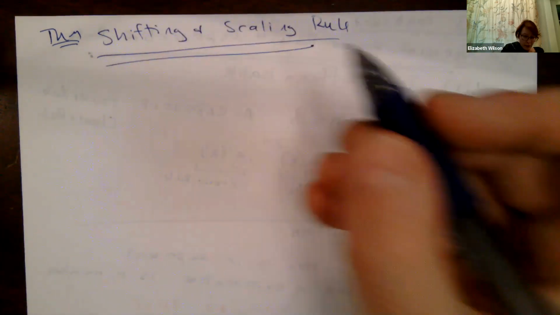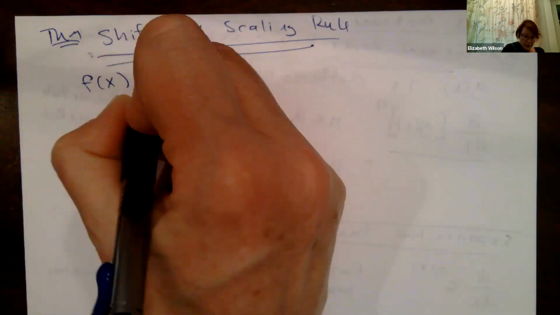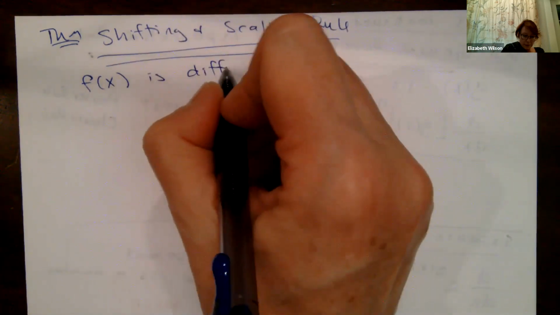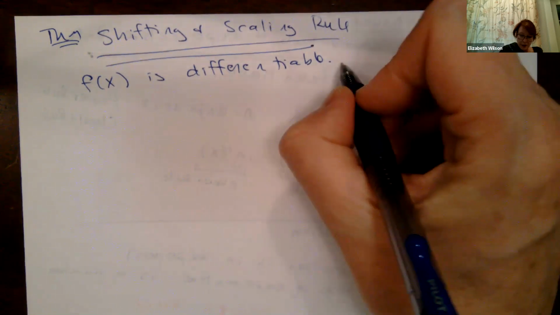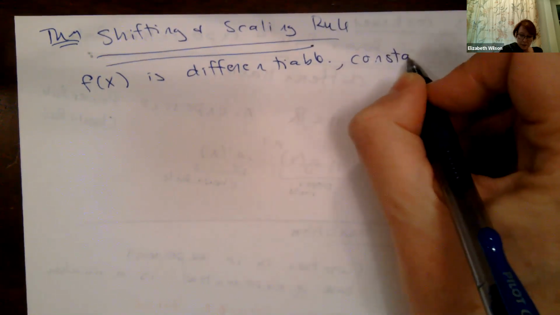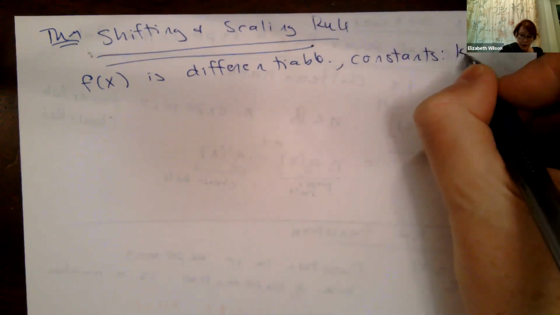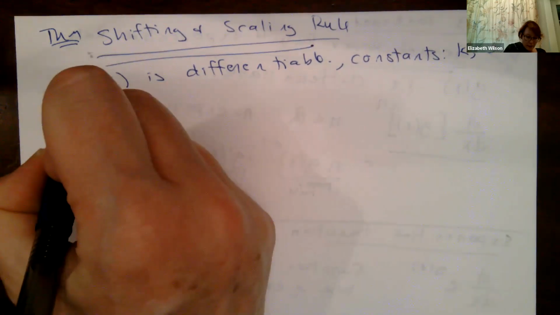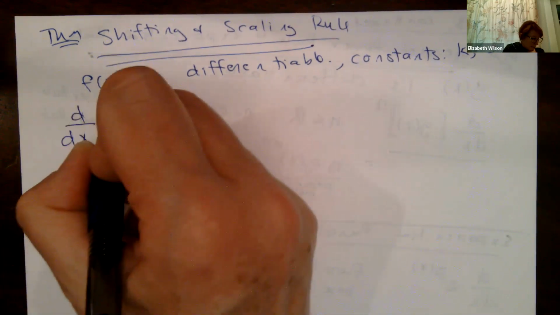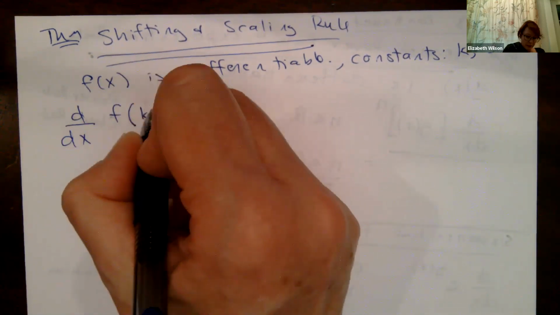Our function f of x is differentiable, and then we have constant terms a and b. Now I want to take the derivative, d/dx of f of ax plus b.